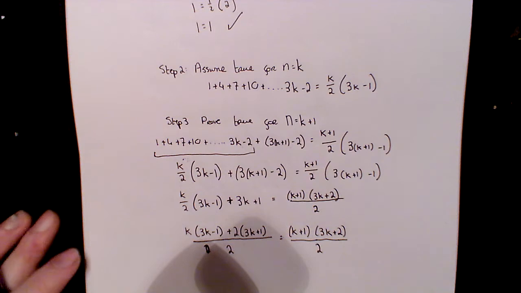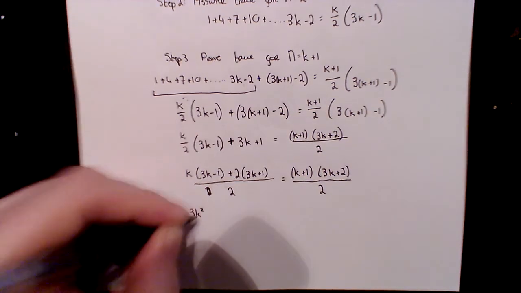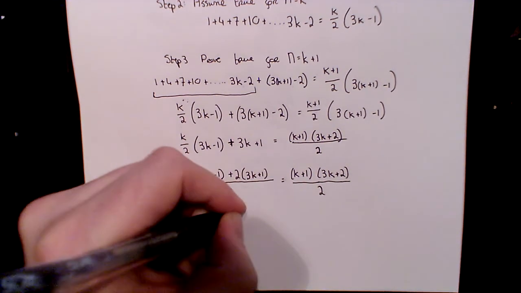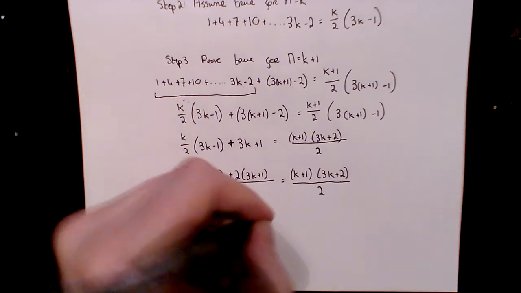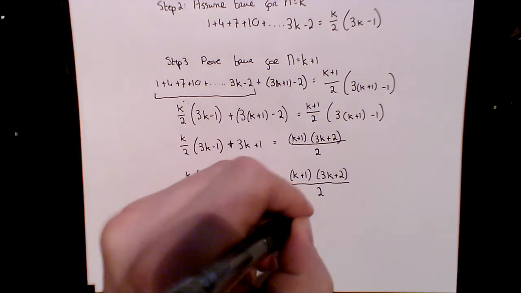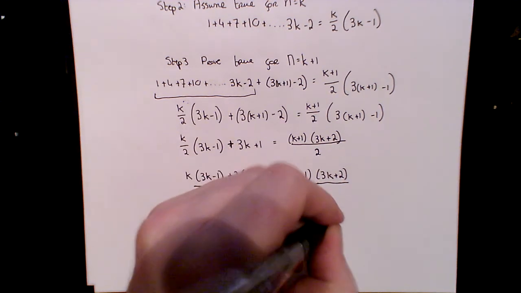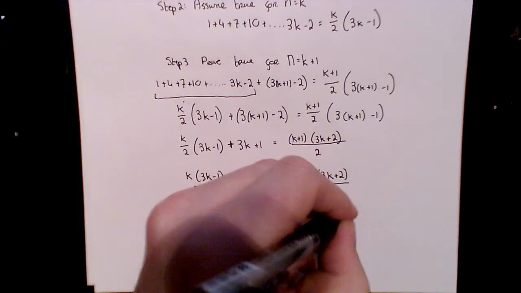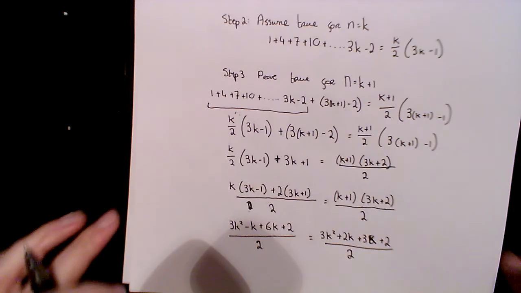Okay. Right, let's start multiplying it out then. K by 3k, 3k squared, minus k plus 6k plus 2, all over 2, equals, well, k by 3k, 3k squared plus 2k is k by the 2, and then 1 by the 3k is plus 3k, and then 1 by 2 is 2, and that's all over 2.